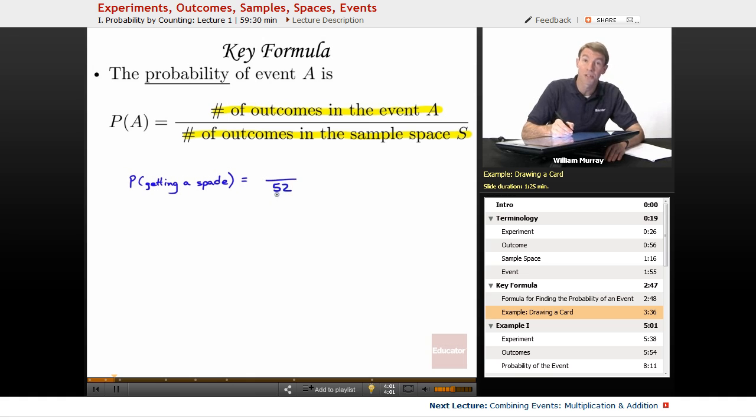There's 52 possible cards that you could draw, and 13 of them qualify as being in that event. So there are 13 possible outcomes which would give you spades. And then, of course, you can reduce the fraction 13 over 52, and you find that the probability of getting a spade is 1 over 4. So that's not very surprising.